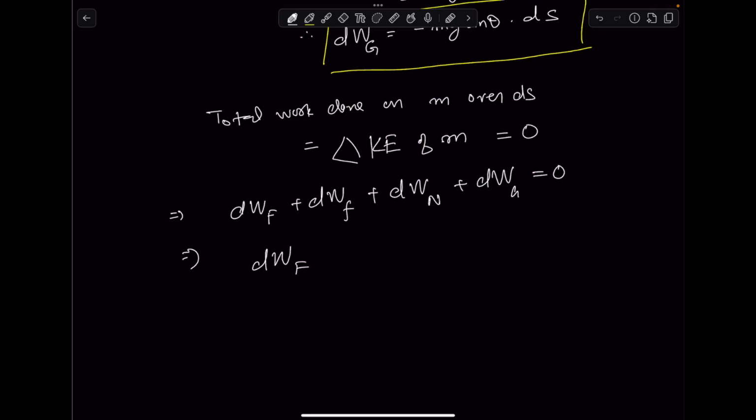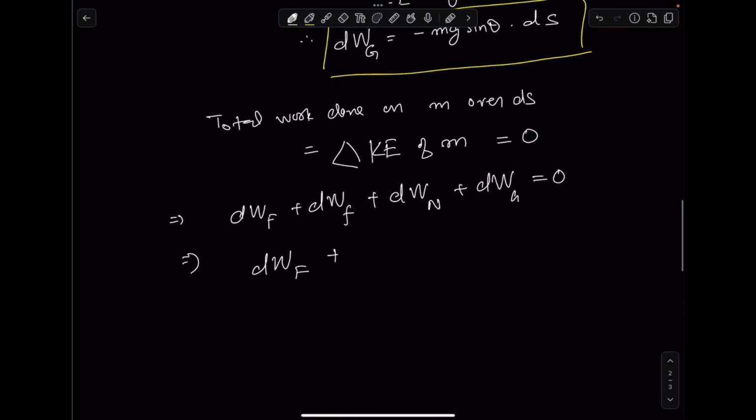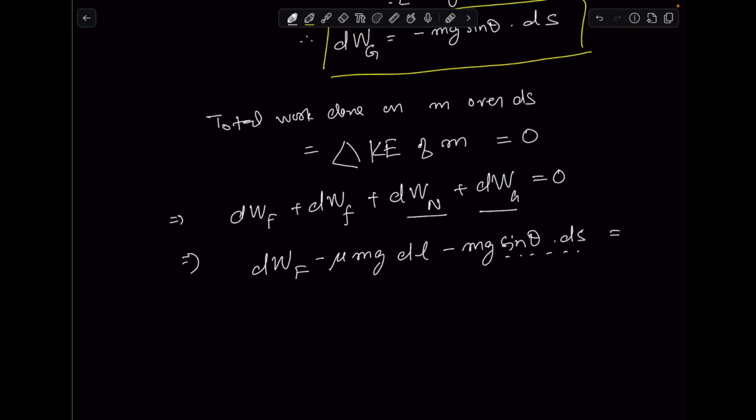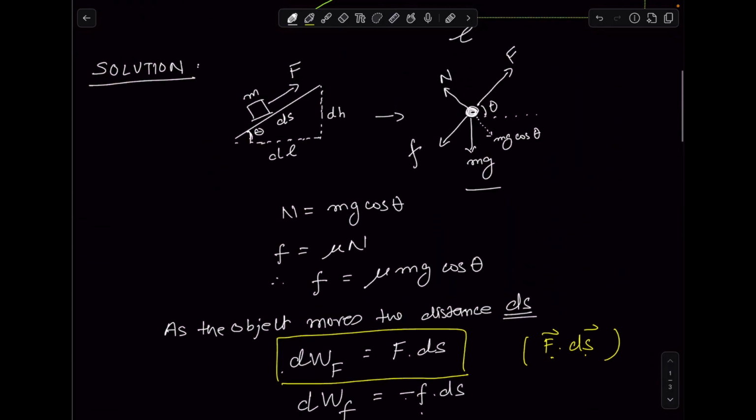We can leave the term for dW_F as dW_F, and then replace the term for work done by friction, which is minus mu mg dl. Minus mu mg dl, this is 0, and this is minus mg sine theta ds, and this is equal to 0.